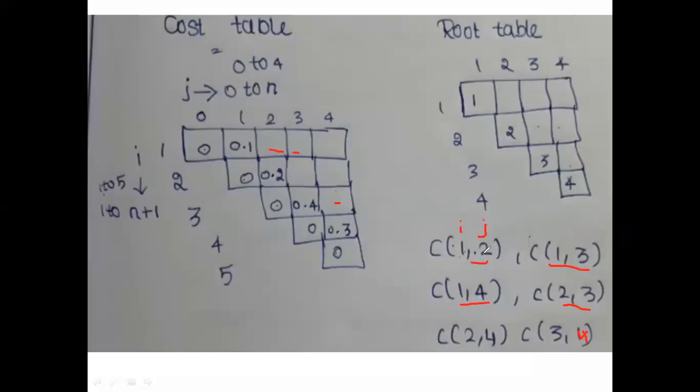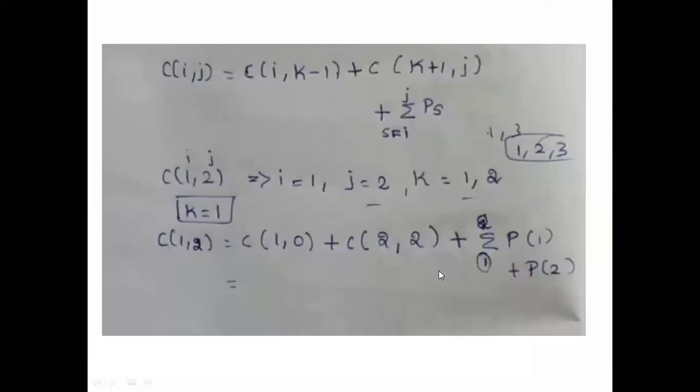Listen carefully. I am going to solve one, and the remaining you will solve and tell me the answer. So now you take 1, 2. What is the formula? C of i comma k minus 1 plus C of k plus 1 comma j plus the probability summation from i to j of P s.